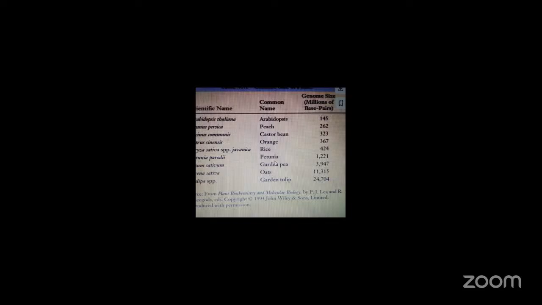Another one is Oryza sativa, which is commonly rice.